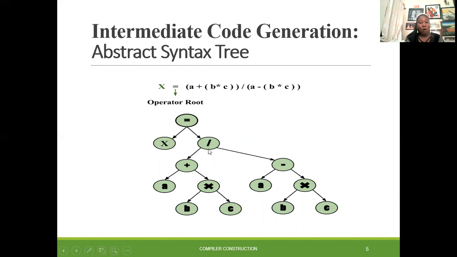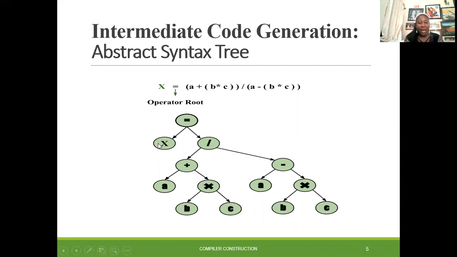And then on every other node, the subnodes that we have of this tree, you see the operators. So you see the division operator here. You see the addition operator here. Beautiful. That is adding A and what we have on this side. So on the subnodes, you have all the operators. And then at the leaves, you have what? The operands.